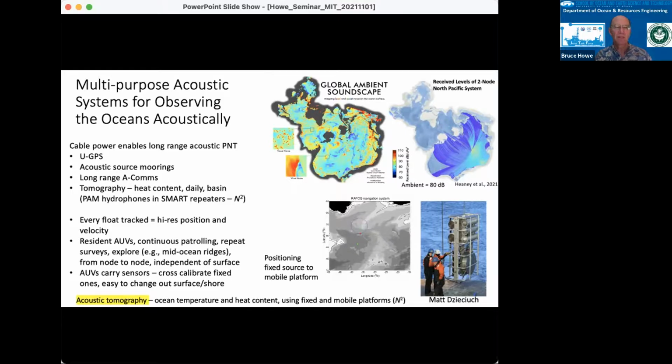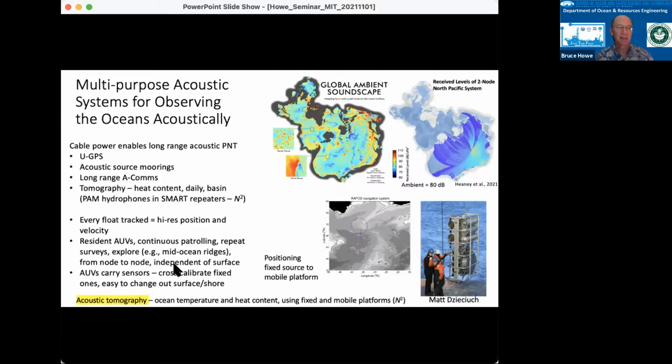And one can see that the sound levels are at most equal to what's already out there in the ocean. And this would provide 2D navigation over the areas where these two sources overlap. So just a few sources could go a long way to providing basin scale navigation and at the same time heat content and temperature measurements.